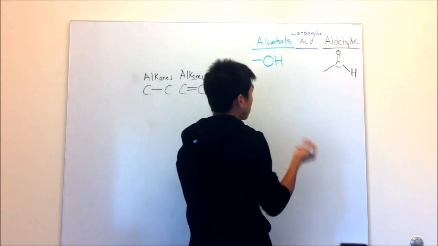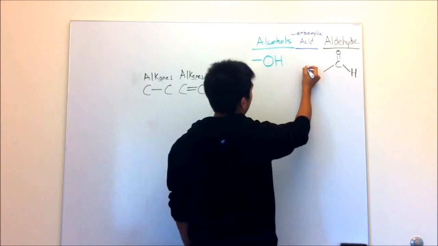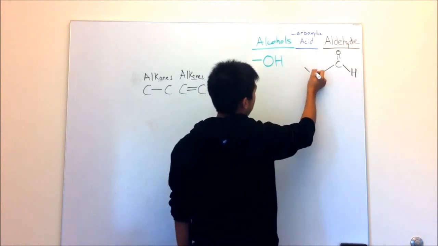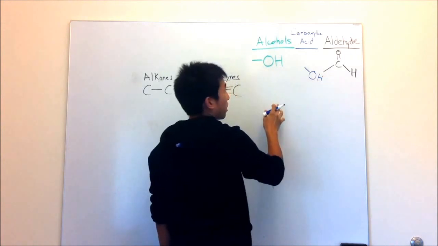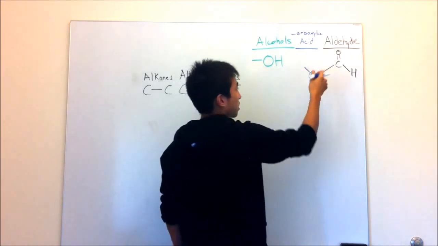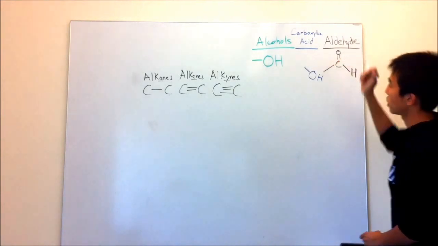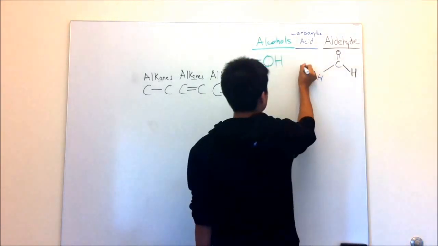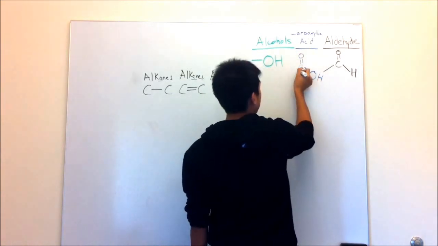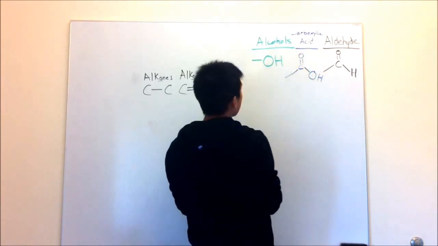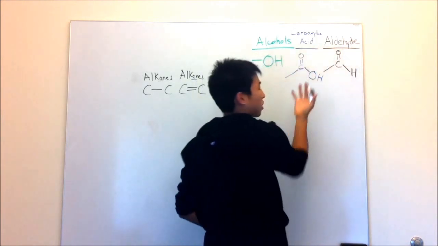If I need to draw the structure on the spot, I just draw the alcohol functional group right here, and then I bring in the aldehyde component, which is the carbon double bonded to O and the carbon chain. Do you see how I brought in the alcohol component and the aldehyde component? That's your carboxylic acid.